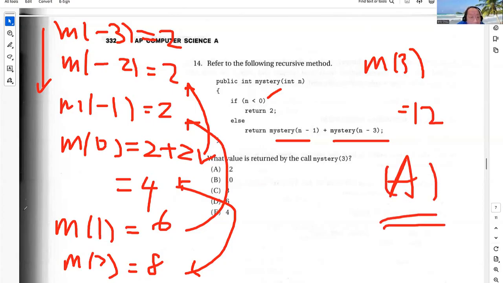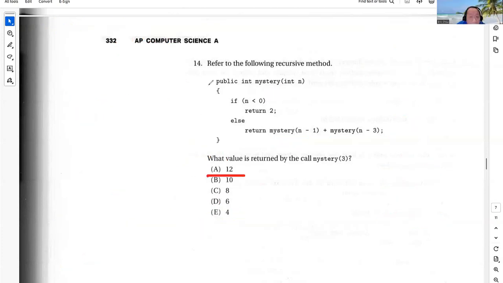Okay? Is that okay? Yeah. It's still a bottom-up problem, okay?